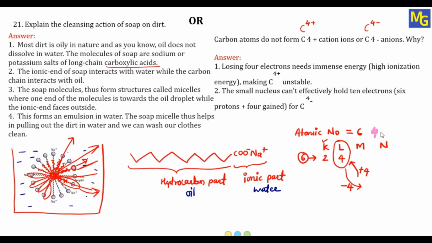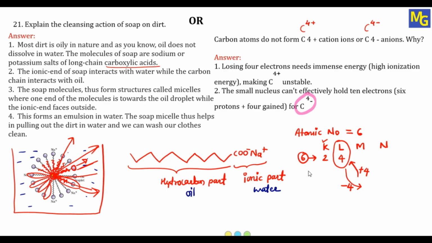So electrons will be 10, but protons we are not changing at all. Protons are as usual 6. Protons are positive, electrons are negative. So 6 positive charge and 10 negative charge, it will become unstable. These 6 protons cannot manage those 10 electrons, and therefore here I have written: the small nucleus can't effectively hold 10 electrons. 6 protons plus 4 gained electrons, and therefore C minus 4 is also unstable.